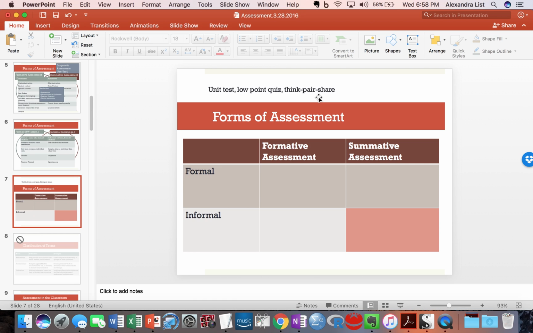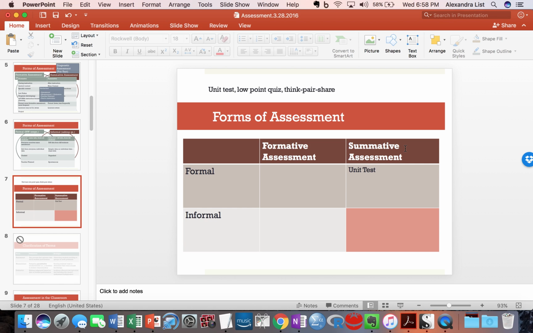And so let me go through each of these with you along with the reasoning. And so let's work from the first one. So a unit test would be a form of formal summative assessment. How do I know? A unit test happens at the end of instruction and it's high stakes, which means it has a high point value. So that means it's a type of summative rather than formative assessment. And everybody is getting the same test and I'm getting the same data on everybody.